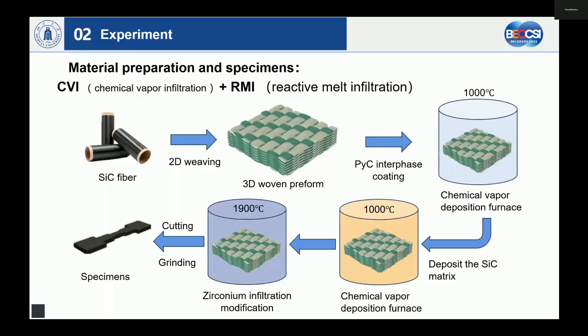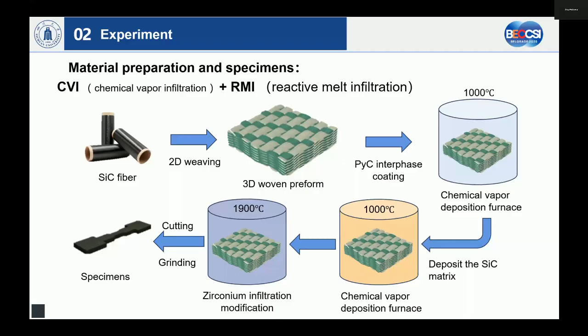Then we used a chemical vapor deposition furnace to coat the fiber with pyrolytic carbon at 1000 degrees Celsius. Then we deposited the silicon carbide matrix at the same temperature. This process may go through six to seven cycles until the density of the material increases to an appropriate range.